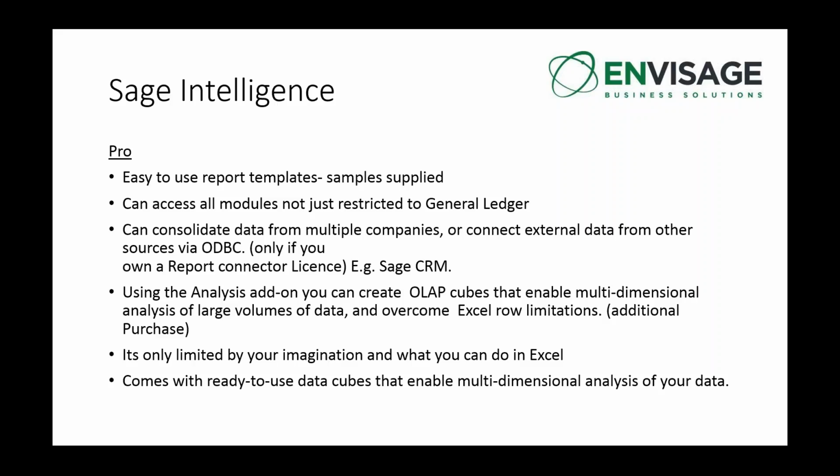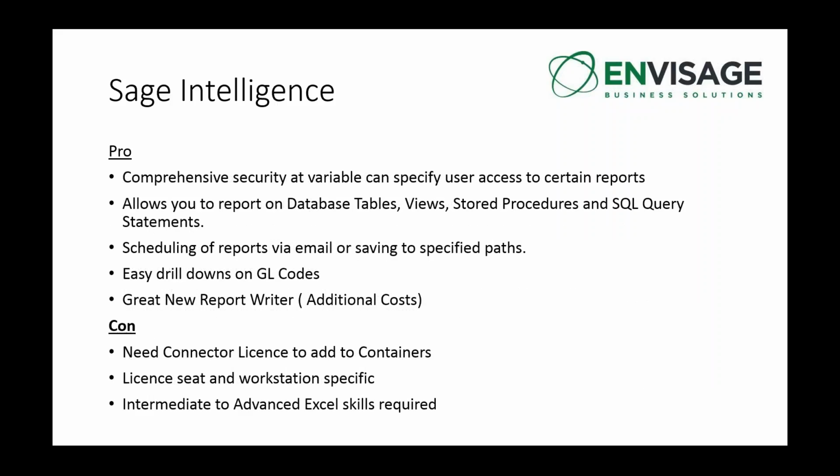We do find that's one of the big pros, as accountants generally do have high Excel skills, so they can tend to pick this up quite quickly. It does come with ready-to-use data cubes and containers for accessing the data. It also has security, distribution and scheduling in it as well.